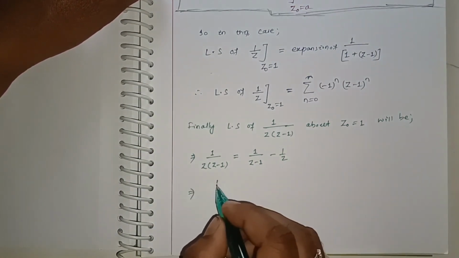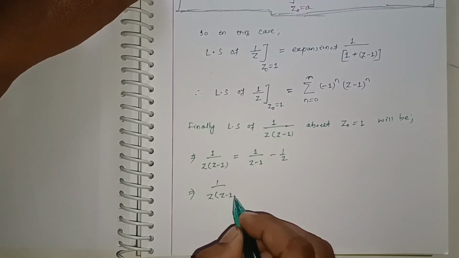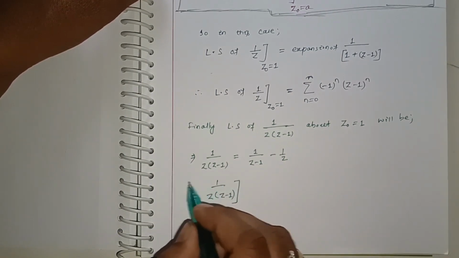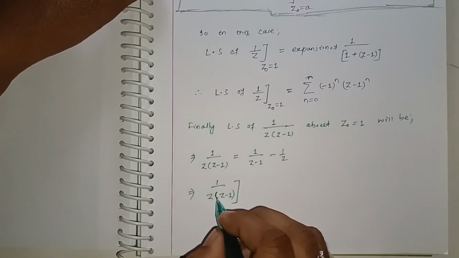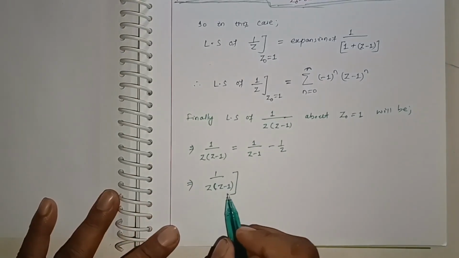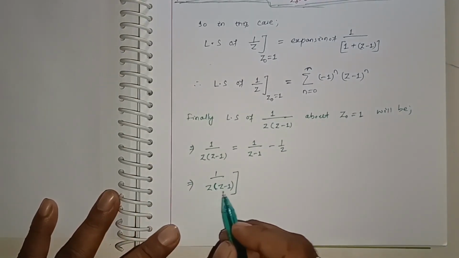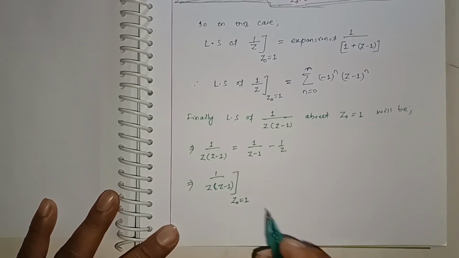No need to write Laurent series once again. You just write 1 by z into z minus 1 about z equal to 1.